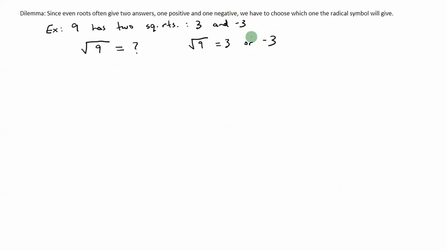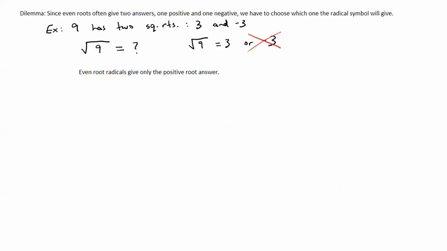And what we're going to say is it's agreed upon by mathematicians that the square root of 9 with the radical symbol will give us the answer of 3. And so why is that? Hopefully that's the answer you would have chosen as well. Even root radicals give only the positive answer. So that's important.